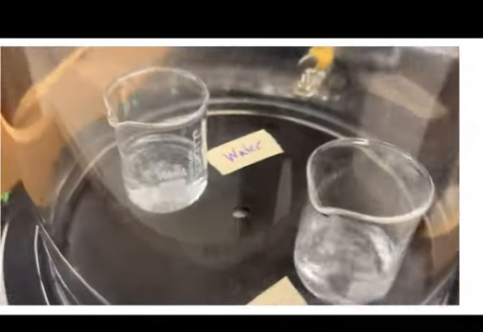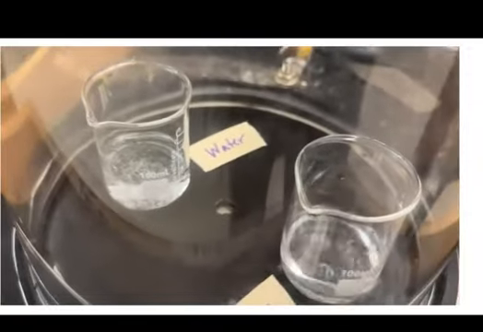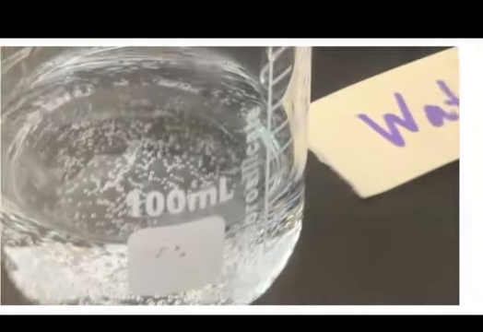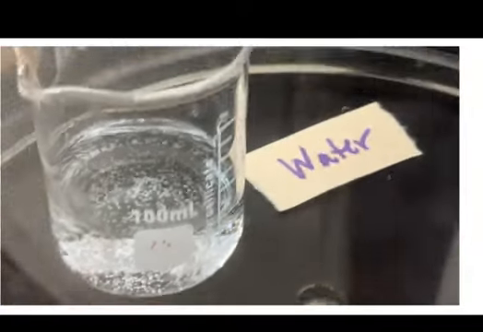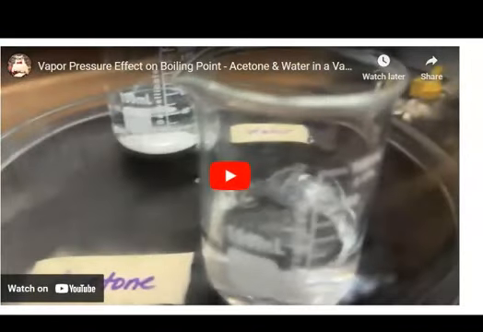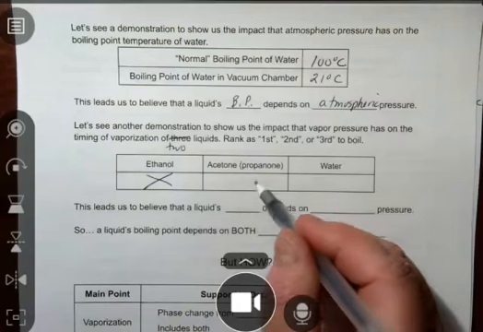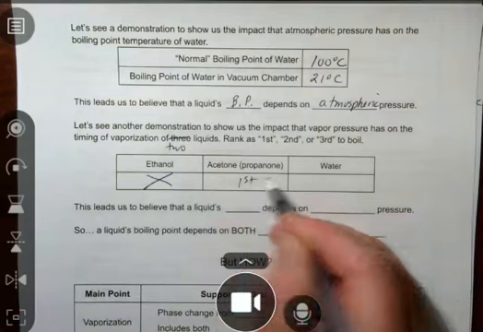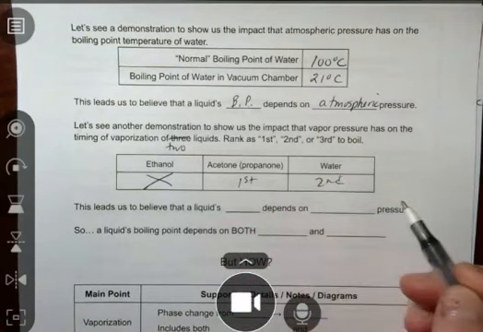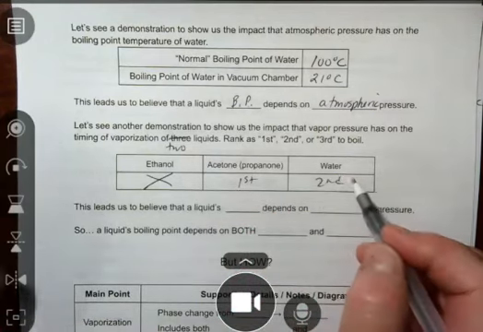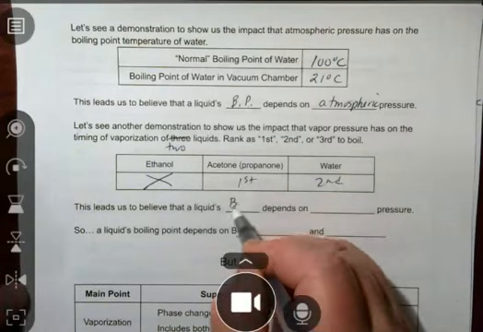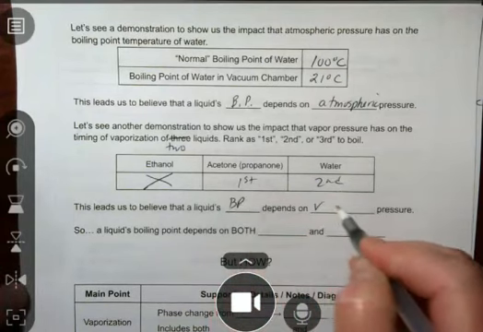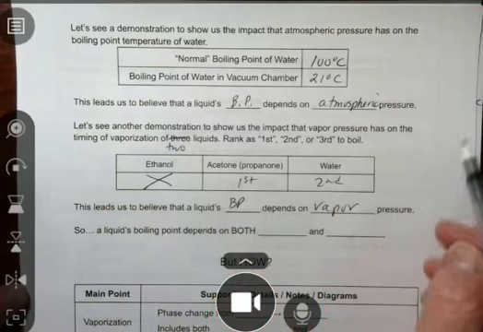So acetone is vigorously boiling. It must have a much lower boiling point temperature, must boil much more easily, and water was just starting to boil. Here we can see that acetone boiled first and water boiled second. This leads us to believe that a liquid's boiling point temperature also depends on vapor pressure.